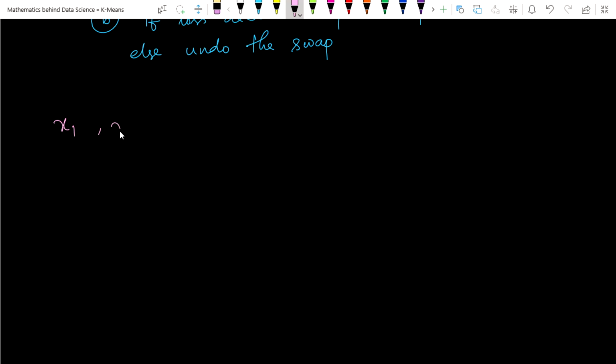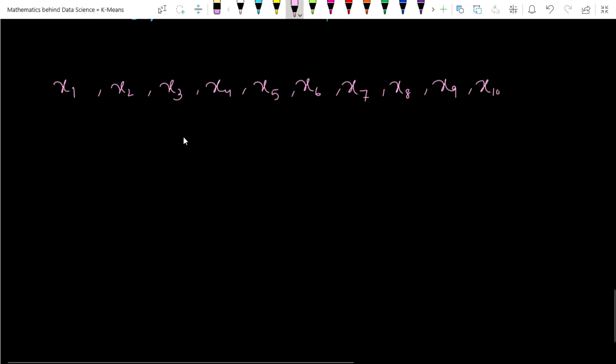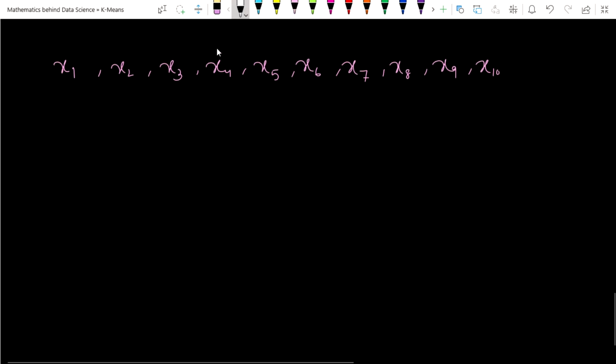We have a data set where we have x1, x2, x3, x4, x5, x6, x7, x8. These 10 data points we have. So first, in the first step, let x1 equal m1.